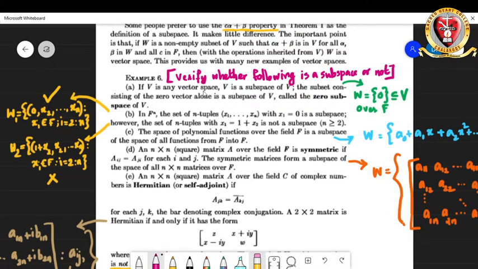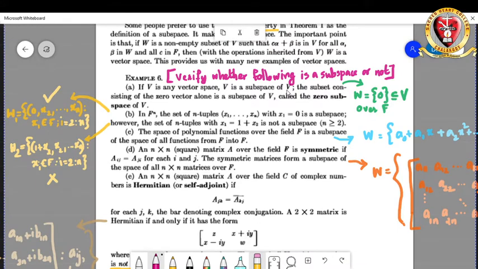If V is any vector space, definitely V is a subspace of V. V is a subset of V and V satisfies all the properties with respect to the vector addition and scalar multiplication over F. So V is a subspace of V. And also the subset consisting of the zero vector only is also a subspace of V. So here what we said is W equal to the set {0}, a subset of V over F, is also a subspace and it's called the zero subspace of V. So V is a subspace of V itself and also the zero subspace is a subspace of V, the trivial subspace. Now consider F raised to n.